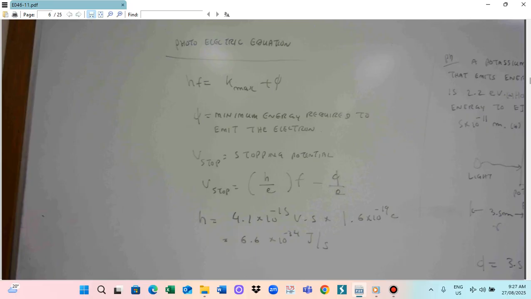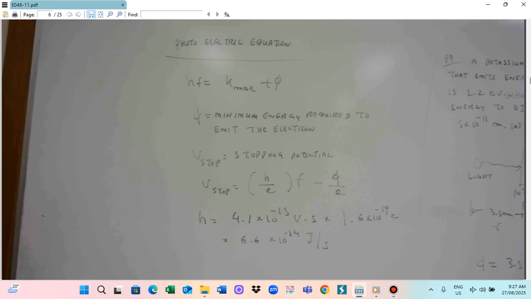Therefore, based on the elementary charge e, we can calculate h. H is equal to 4.1 into 10 power minus 15 per second multiplied by the 1.6 into 10 power minus 19 coulomb. So this will be 6.6 into 10 power minus 34 joule per second.